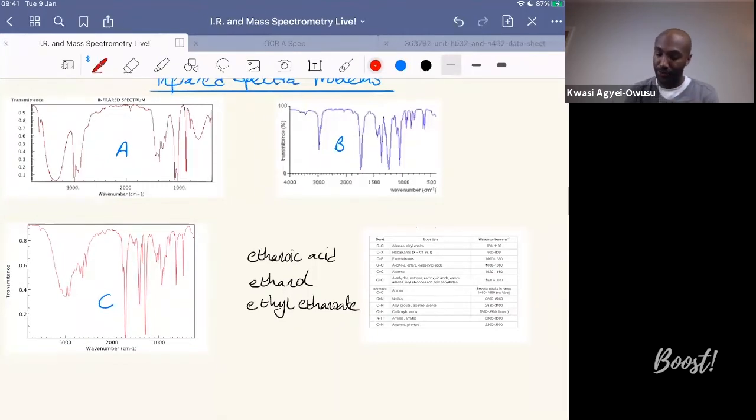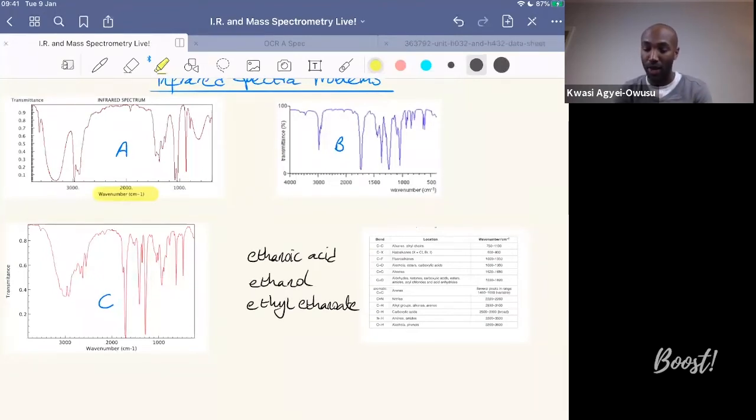Highlighted in yellow is the x-axis for this first spectrum, which tells us in wave numbers the wavelength of infrared radiation that is being absorbed, and therefore what bonds are present.